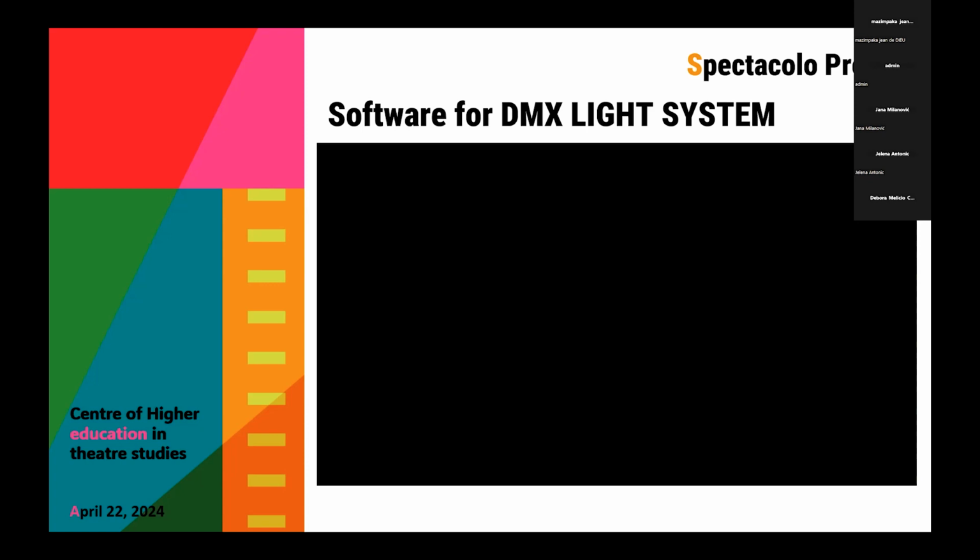The light designing, when the performance begins, is like an actor. What does it mean? It means that the light, with how bright it is, how fast it is, how small or big it is, transfers emotions to the audience.